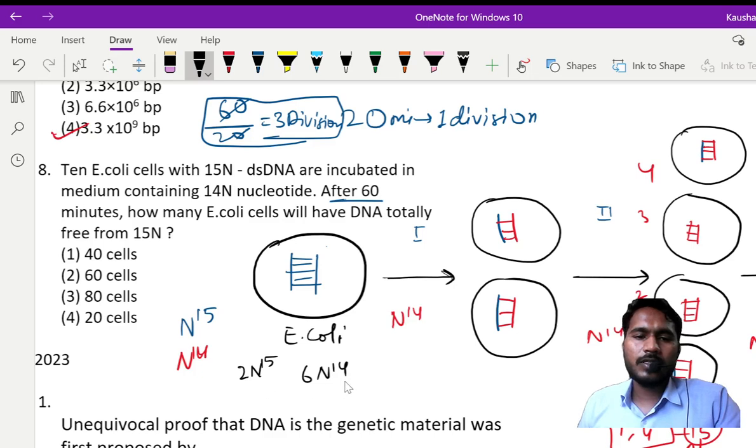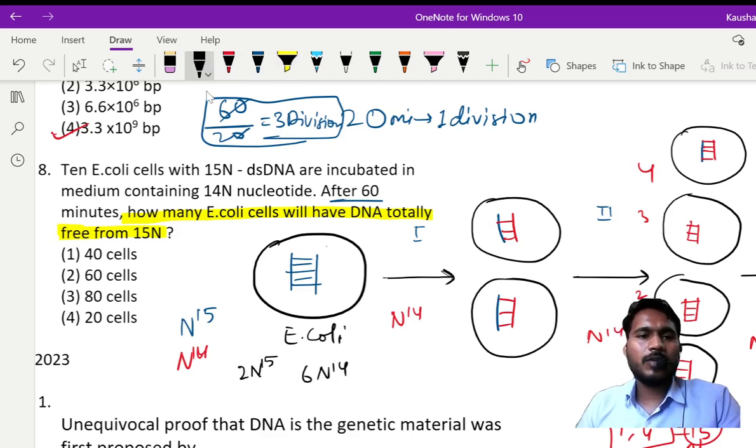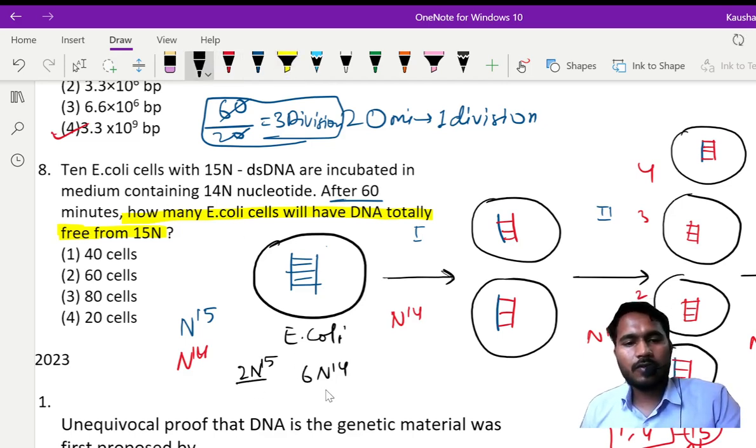So you multiply with this. What are they asking? They are asking how many E. coli cells have DNA totally free from N15. Important: you don't tell in which cells N15 is present, totally free. You multiply with 10 because this is the result for one cell. Free means only N14.